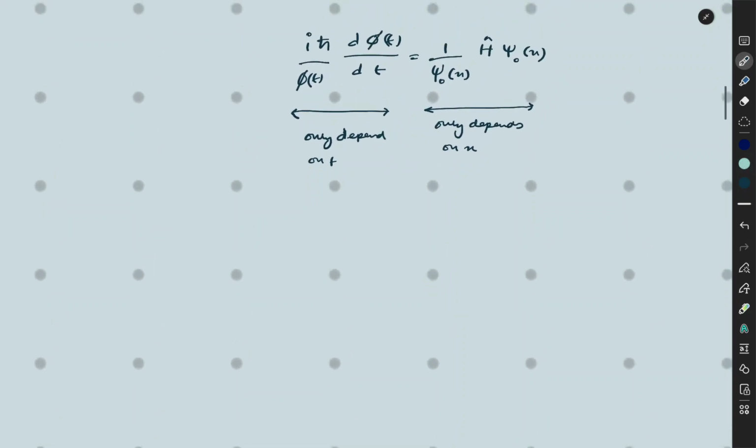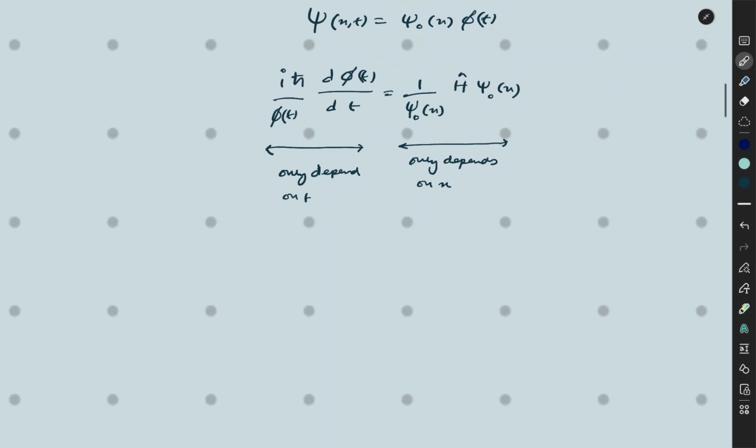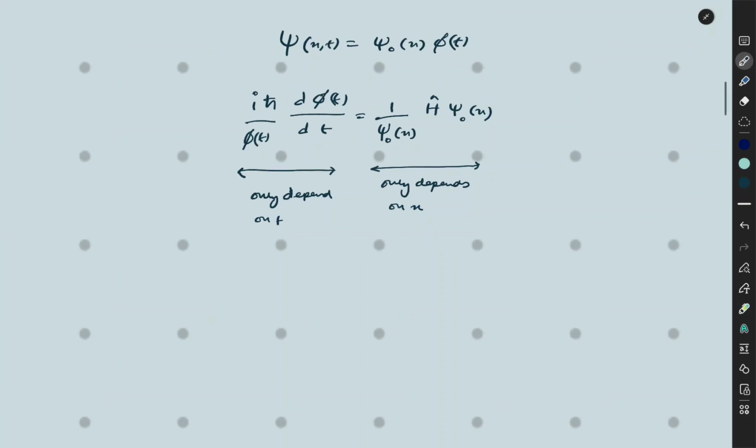Now if you think about this equation, the left side is only a function of time and the right side is only a function of position. So how can a function of time be equal to a function of x for all possible values of t and x? If I change time, the left side might change, but the right side cannot change because it does not depend on time. And if I change x, the right side might change, but the left side cannot change because it does not depend on x.